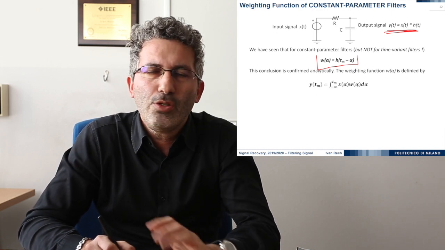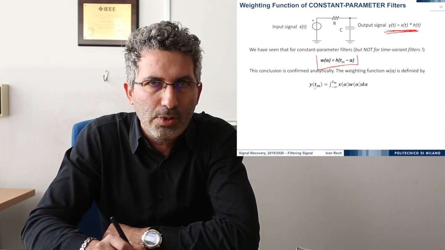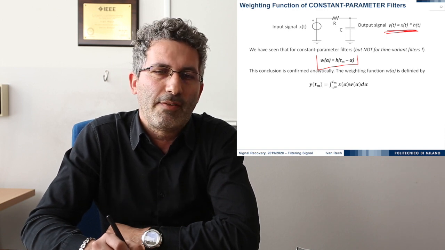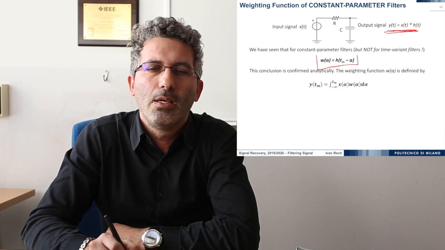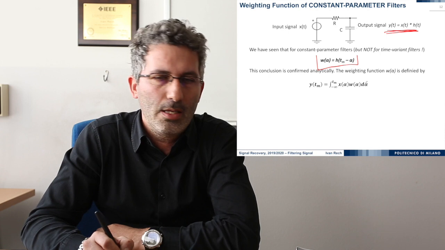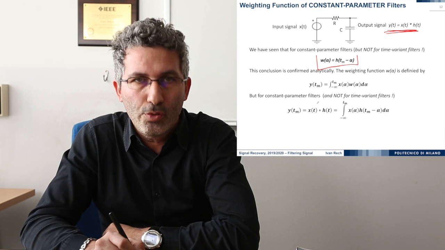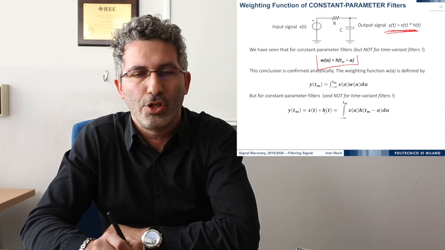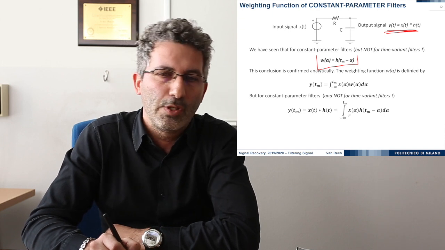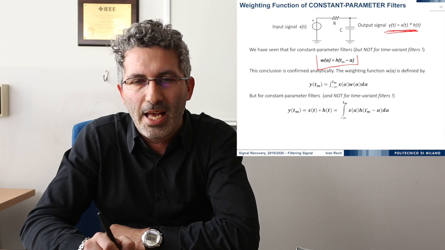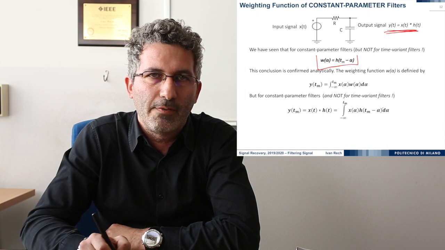Is it possible to demonstrate that this is exactly the weighting function? Obviously. We just have to use the definition. The output at the time Tm is the integral from minus infinity to Tm of the input x of alpha times w of alpha. But you know also that the output is the convolution of the input times h of t. So the convolution is the integral from minus infinity to Tm of x of alpha times h of Tm minus alpha.